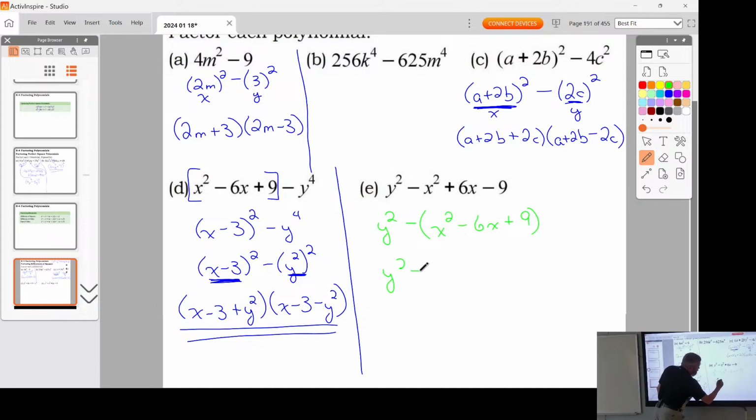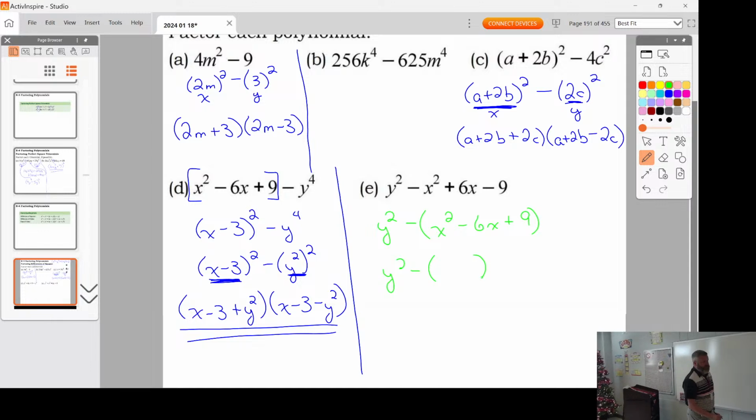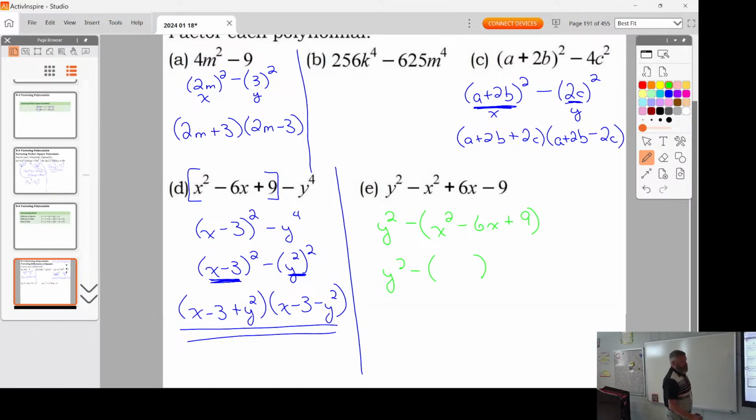Y squared minus. What does x squared minus 6x plus 9 factor into? Maybe (x minus 3) squared?